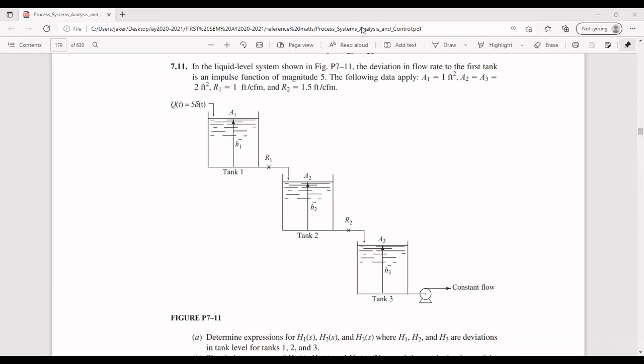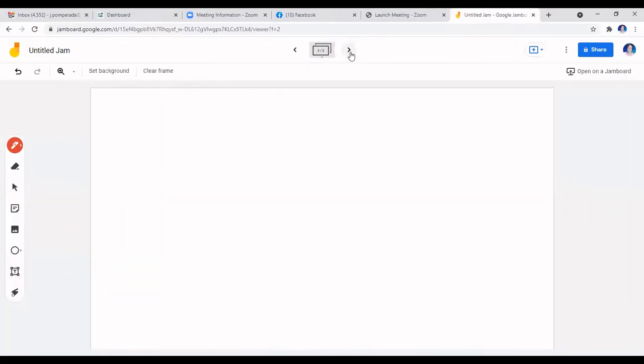So going back to the board, if you're going to make a material balance, if this is our 3rd tank, I'll just number it 3, and you have here, this is already Q2, and this is Q3. This is a constant. And you have, of course, the level here, which is H sub 3.